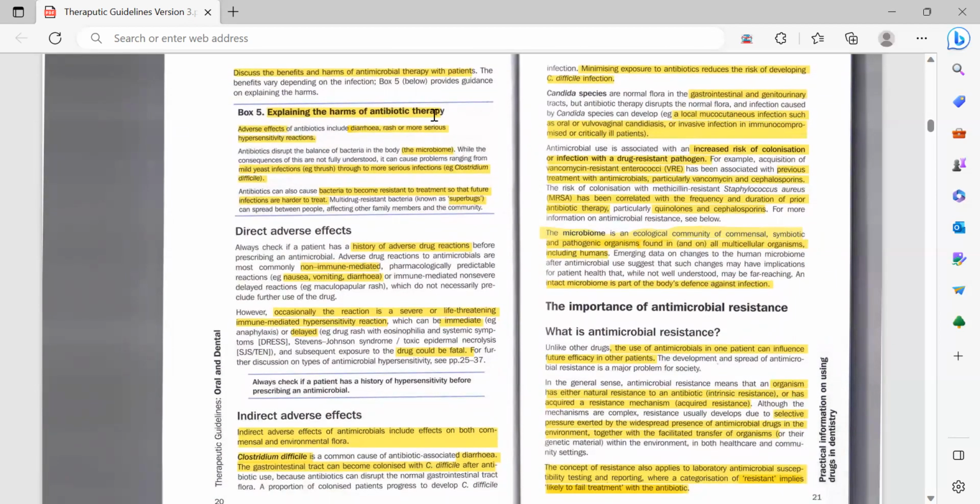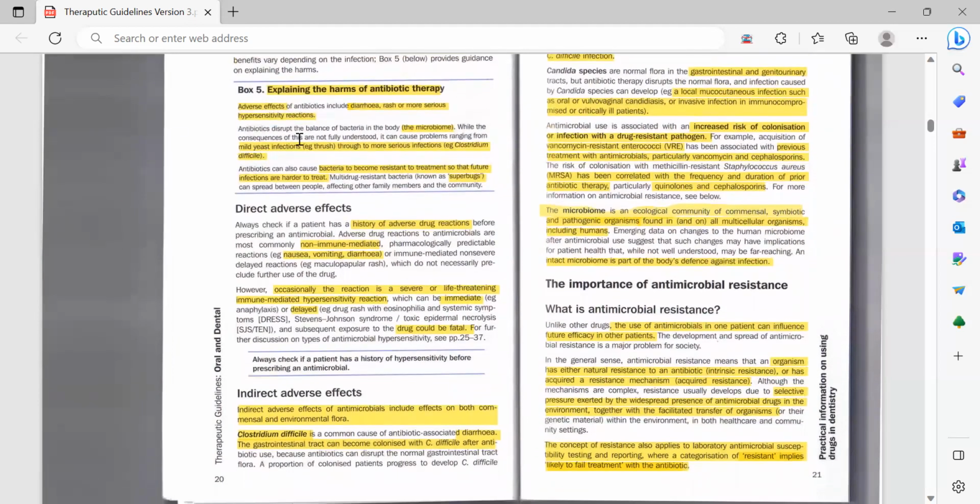Explaining the harms of antibiotic therapy: adverse effects of antibiotics include diarrhea, rash, or more serious hypersensitivity reaction. Antibiotics can also disrupt the balance of bacteria in the body, the microbiome. While the consequences of this are not fully understood, it can cause problems ranging from mild yeast infection to more serious infection like Clostridium difficile.